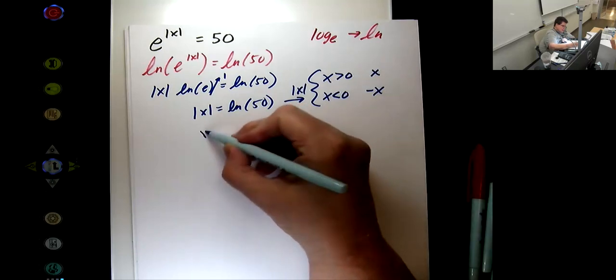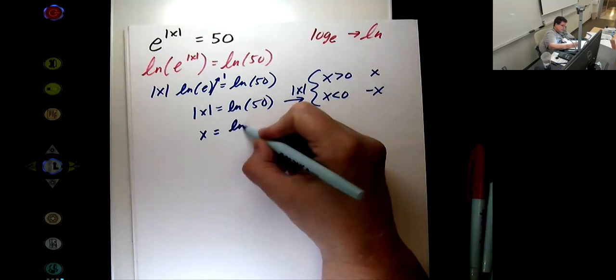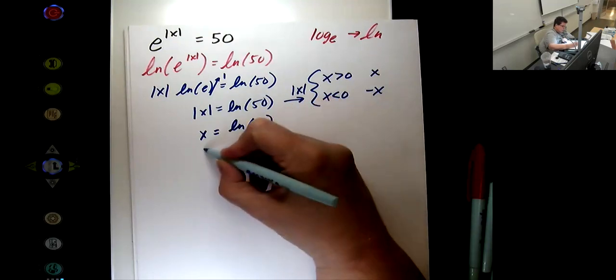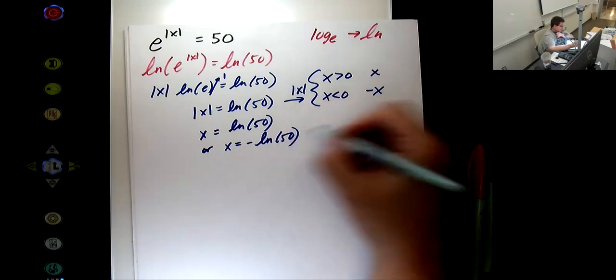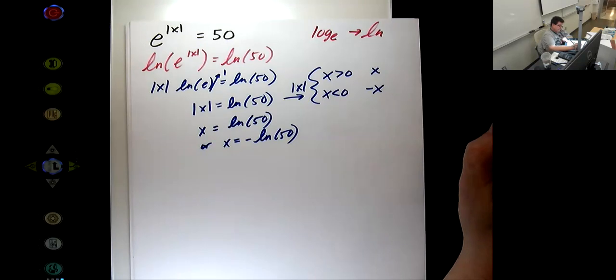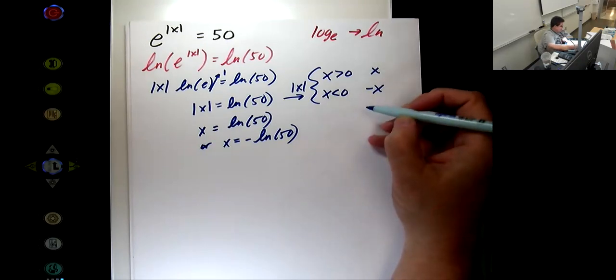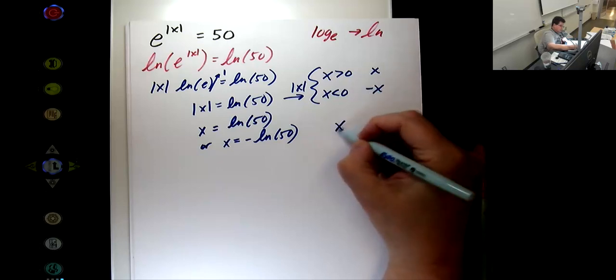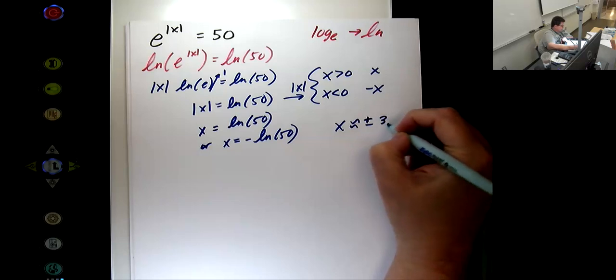So when we get x, we've got 2 answers here. x is either positive natural log of 50 or x equals negative natural log of 50. You get both answers with absolute value, just like a square root sign. And this is approximately, I'll do plus or minus here, 3.912.